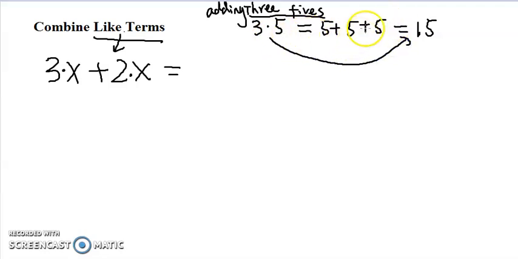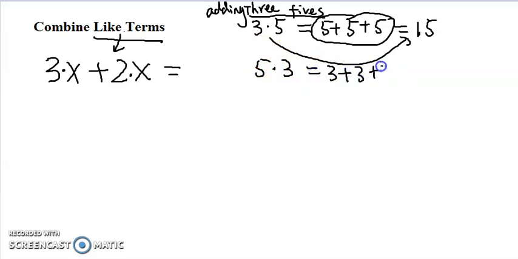If you don't remember it, you can still add 5 three times. You can also consider it as 5 3s, which means you add 3 five times, which still gives you 15.